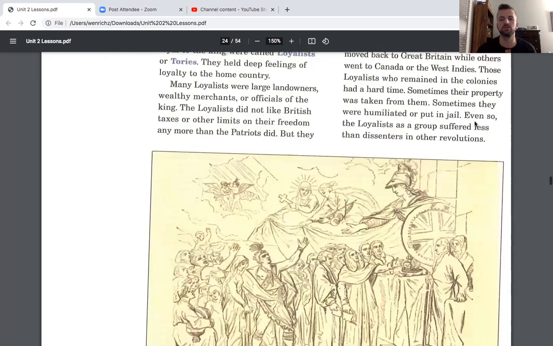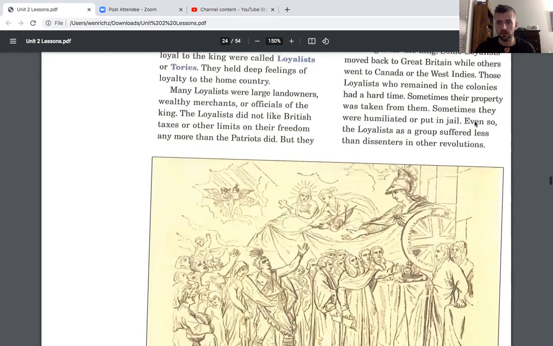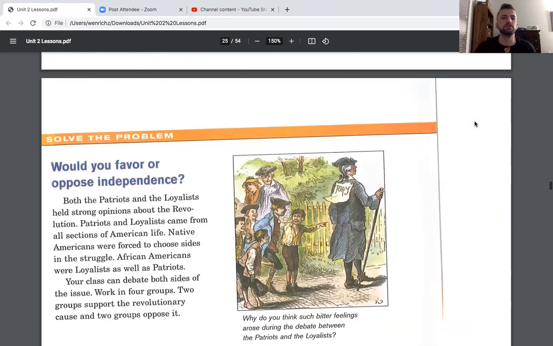And by dissenters, if the colonies declare independence and there are people sticking around, if a majority of you are going one way and there's still a couple people falling behind, sometimes they get mistreated. Natural thing that happens.